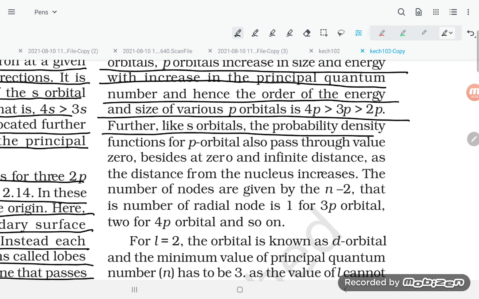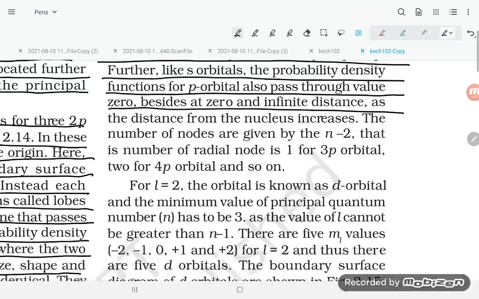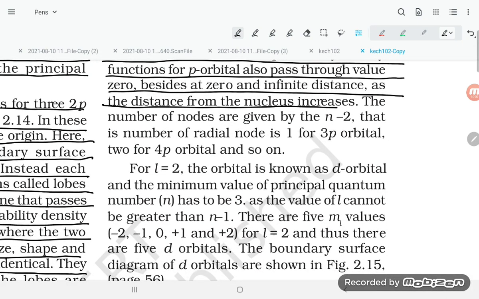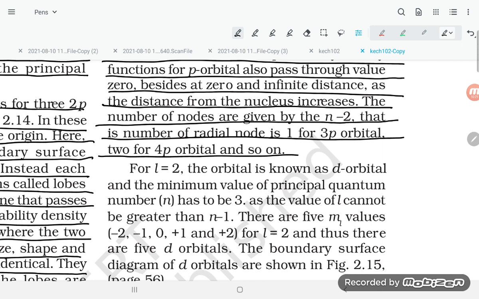Further, like s orbitals, the probability density function of p orbitals also passes through value 0 besides at 0 and infinite distance. As the distance from the nucleus increases, the number of radial nodes is given by n minus 2, that is, 1 radial node for 3p orbital, 2 for 4p orbital, and so on.